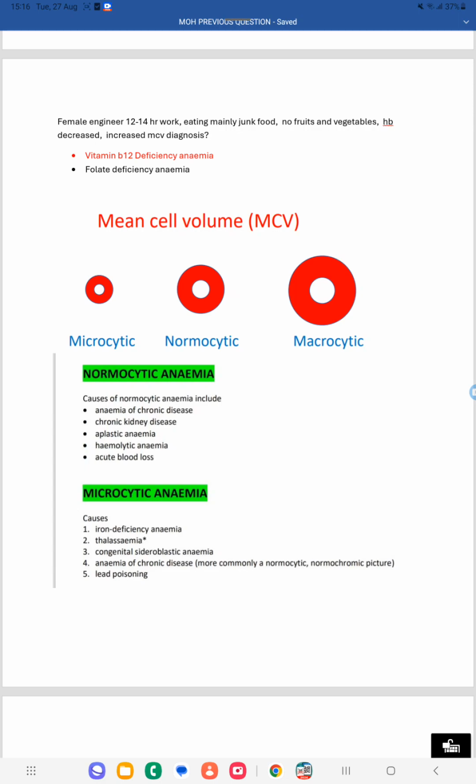The patient has anemia, but the size of the RBC cell is normal. If MCV is more than 100, the patient is suffering from macrocytic anemia. So MCV indicates the size of the RBC cell.